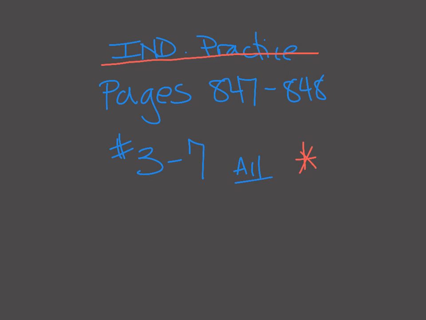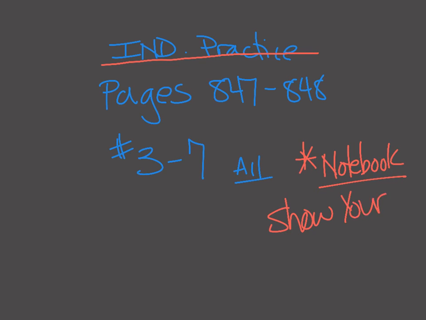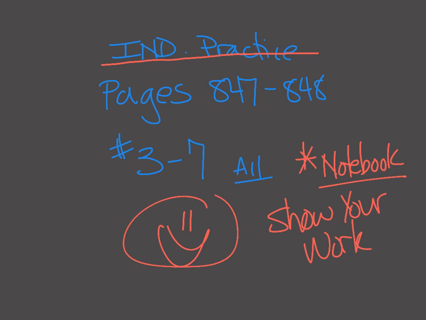You probably will need to use your notebook because even though there's a little bit of space in there and they've got the line plot ready for you, all of your math thinking that we just did on the other page, that's going to take up a lot of space. So you feel free to use your notebook to show your work because we know that's what helps our brain, right? We want to show our work. So today's assignment is to go ahead and do pages 847, 848.